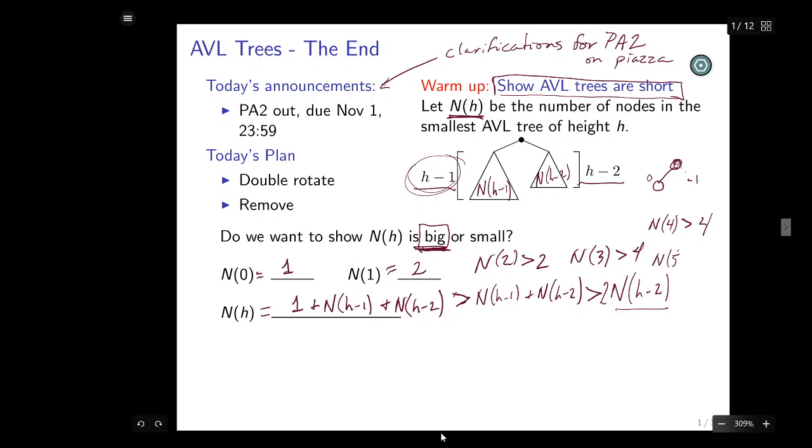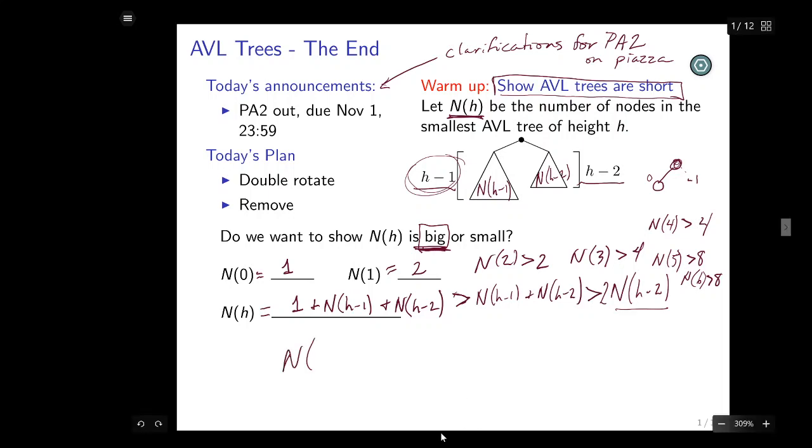What is n of 5? Gee, it's going 1, it's going 2, 2, it's going 4, 4. What do you think this is going to be? 8, 8, 16, 16, 32, 32. What's the answer going to be?